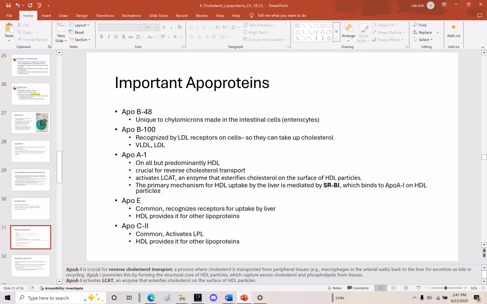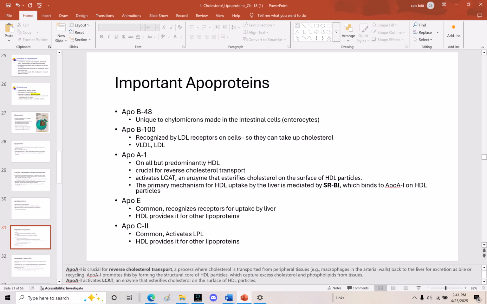And lipoprotein lipase, remember, that's important for triglycerides. So it's the ones that are transporting triglycerides that will need LPL activated. So ApoC2 is a protein on the lipoprotein that will activate LPL.